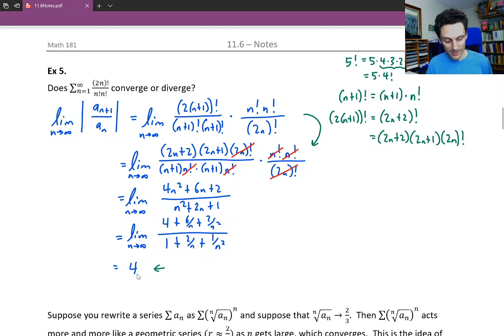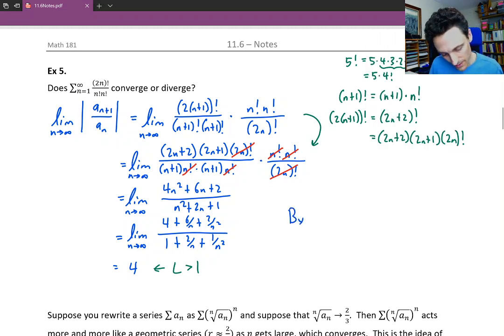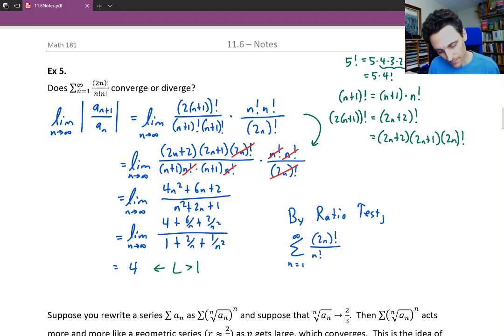Or you can also say, because this is acting like the common ratio of 4, and that is greater than 1, then by the ratio test, our series diverges.